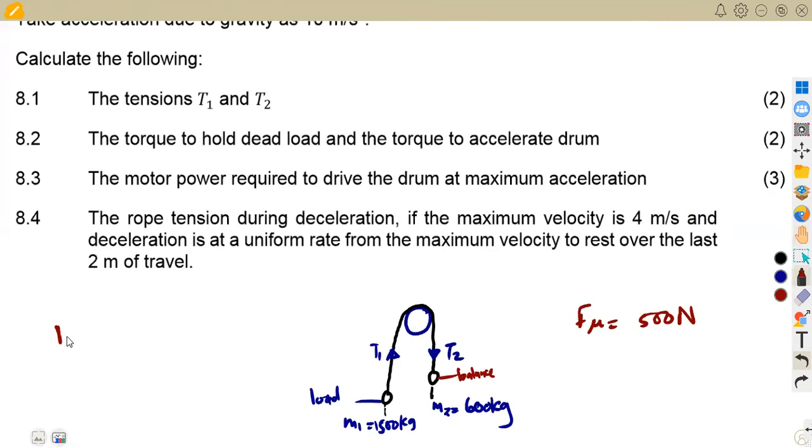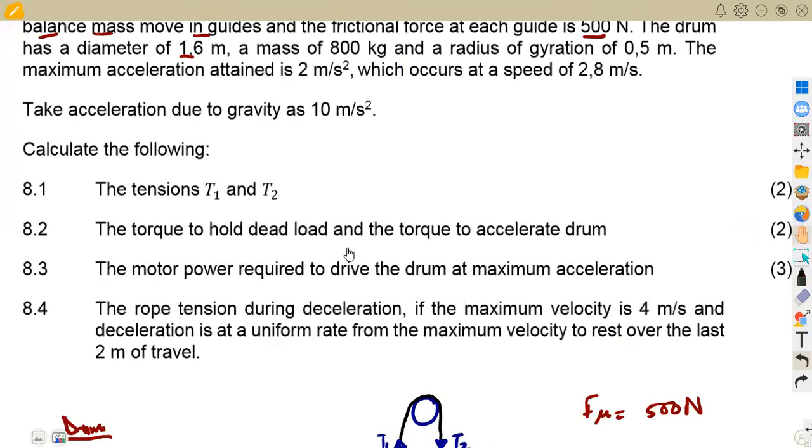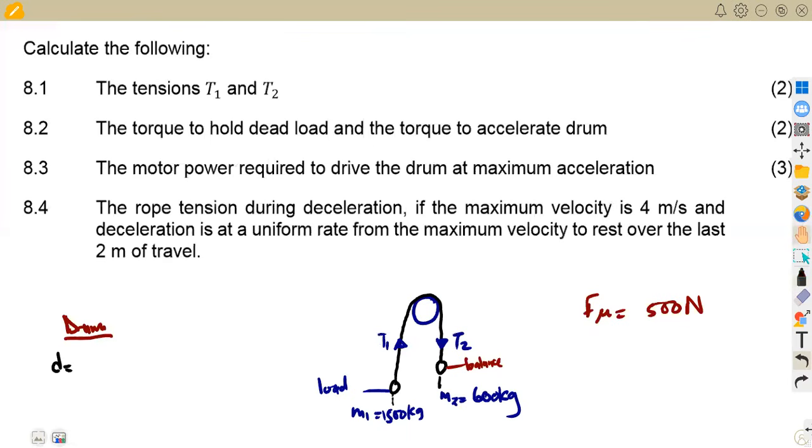So on the drum, we are given the diameter of 1.6 meters. From this diameter, we are going to obtain the radius, since the radius is diameter over 2. If we divide 1.6 by 2, we obtain 0.8, so our radius is 0.8 meters.